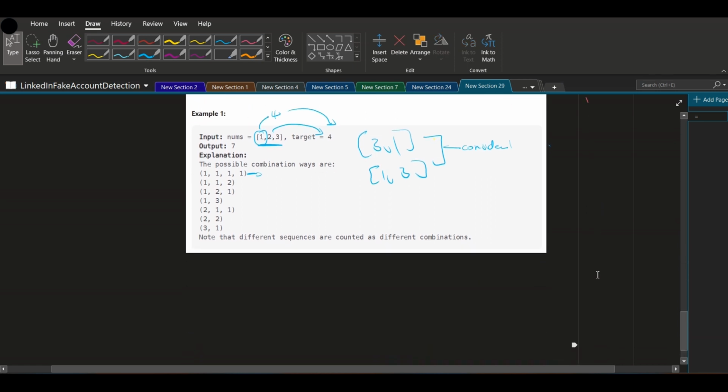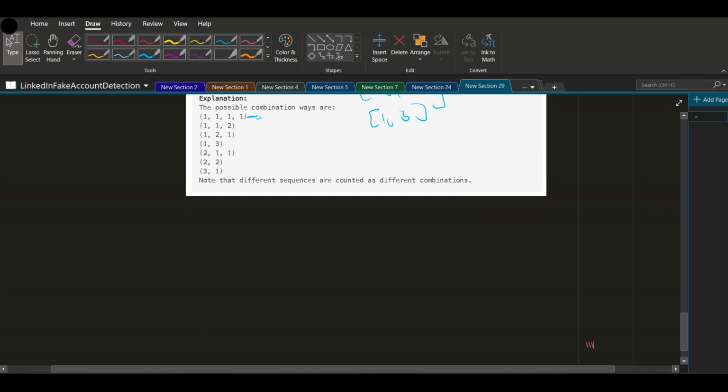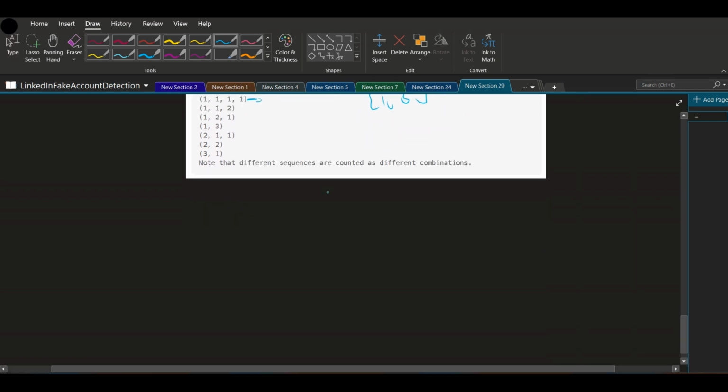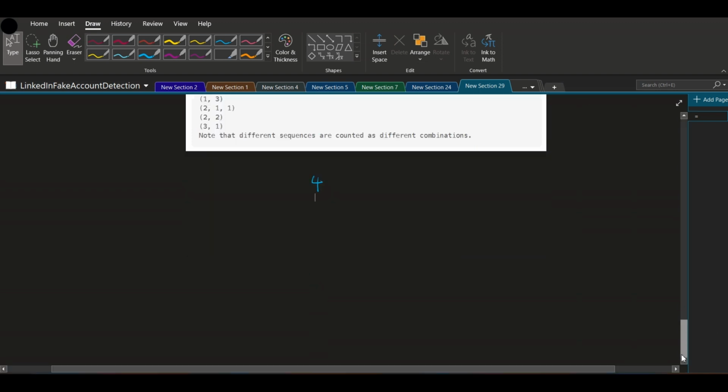One way we can brute force this, or maybe let me say backtrack. By backtrack, I mean in the example we're given 4, and we're given 1, 2, 3.